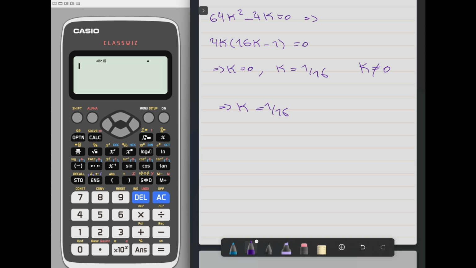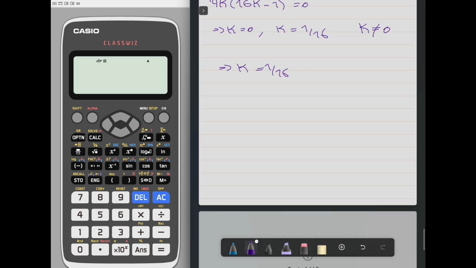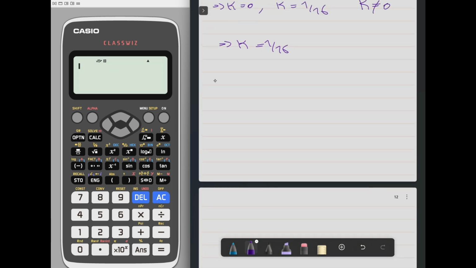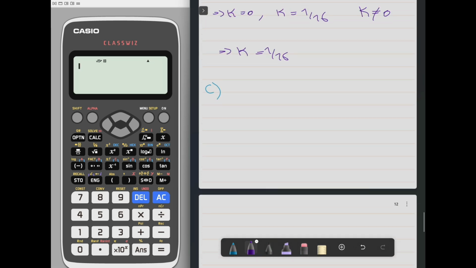And now it says, for this value of k, find the solution of the simultaneous equations. So what was the equation again? Part C. It was x squared plus 8kx plus k. What is 8k? 8 times 1 over 16, 8 over 16, which is 1 over 2.